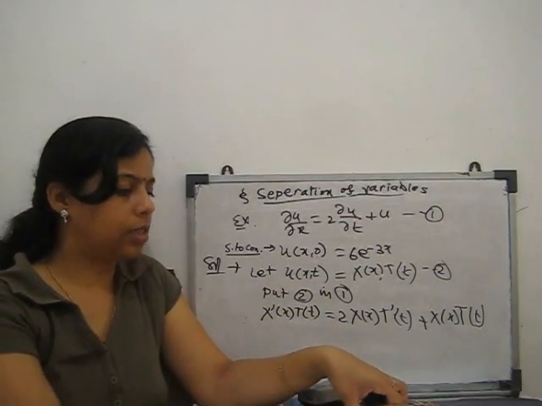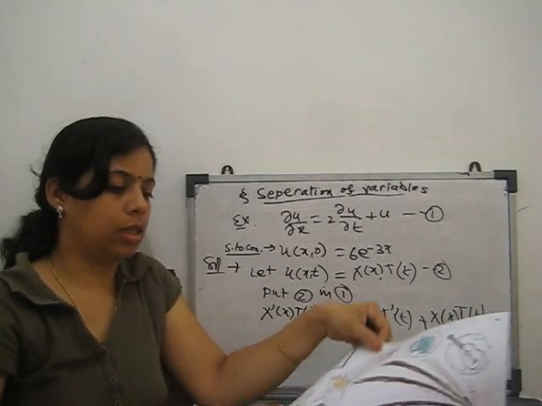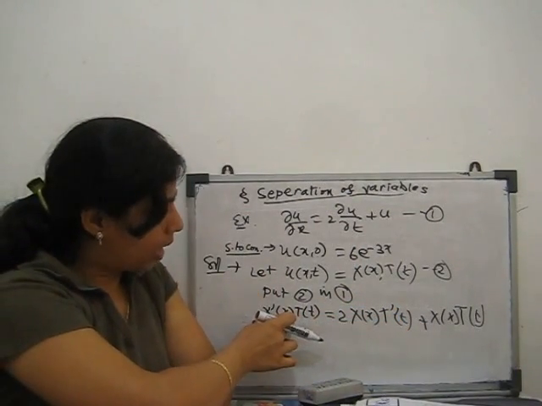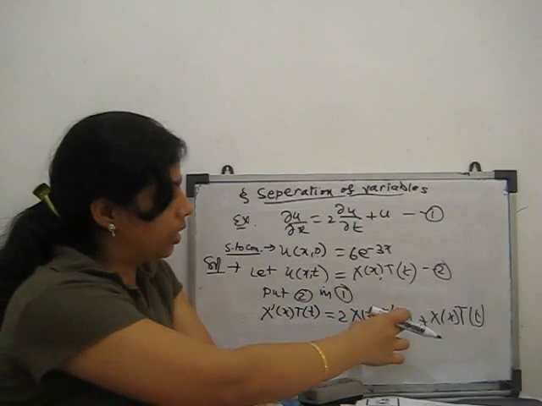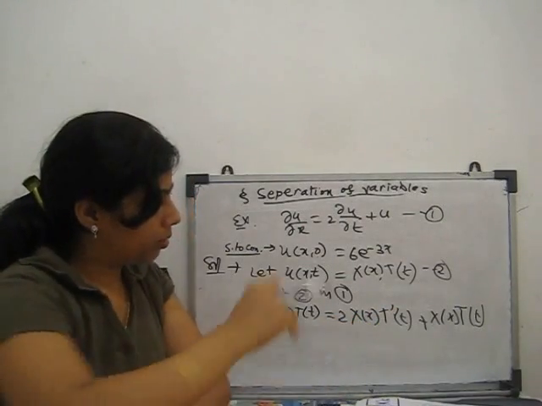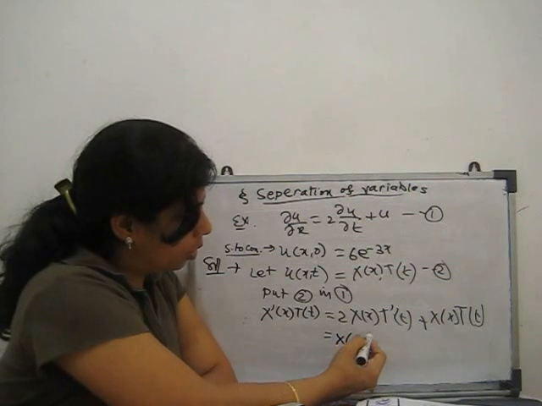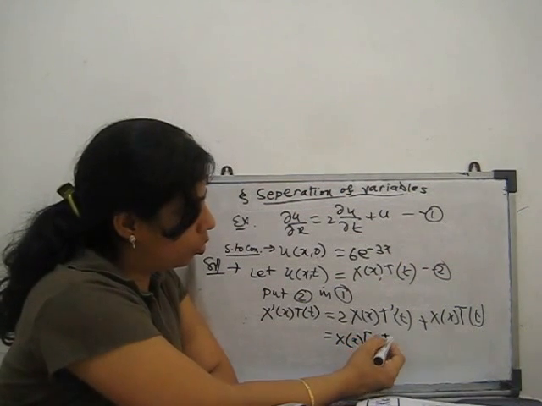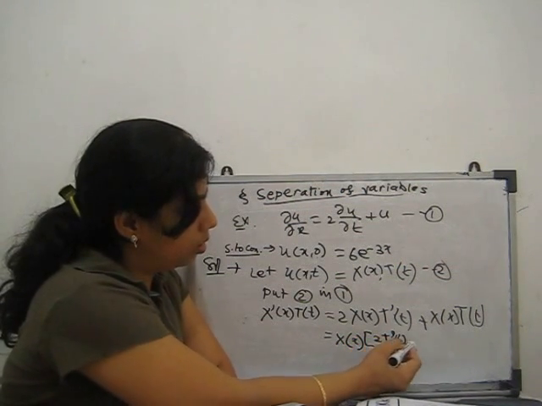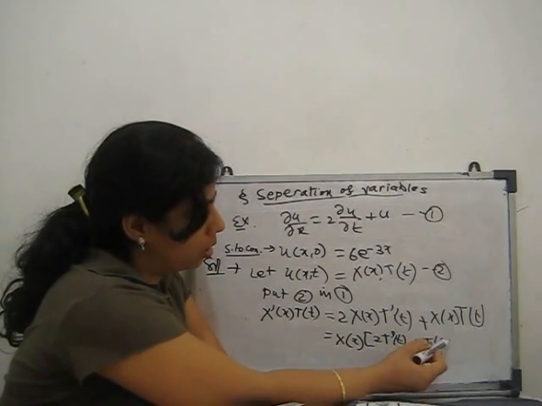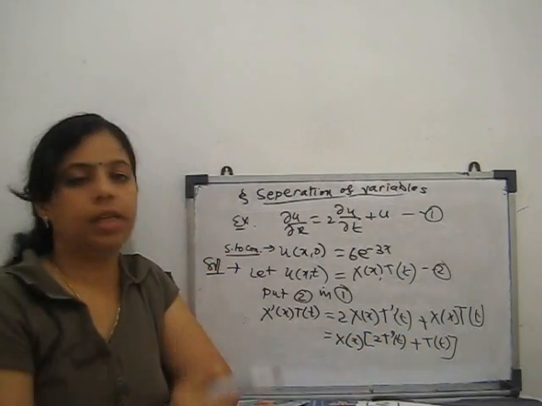Now we can easily separate the variables. You can see we can separate the variables. From X''T, we can take out X. So what is remaining? 2T' plus T. Clear?